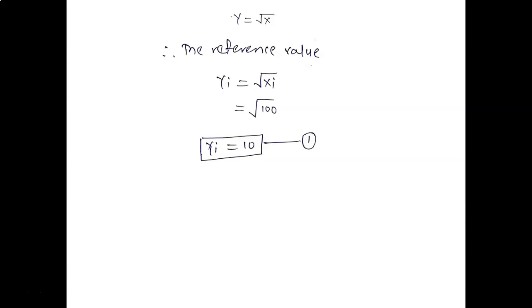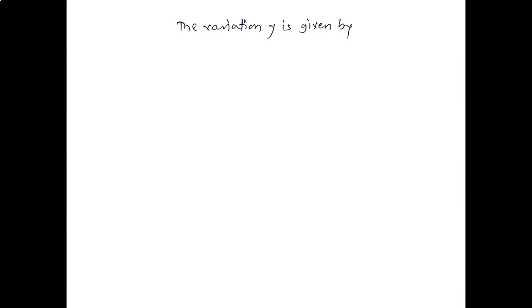Therefore, next, the variation small y is given by small y is equal to dou y by dou x at the reference point I into small x. Therefore, substitute the value of capital Y here. Therefore, what we are getting? Dou by dou x of root x at the point I into small x.